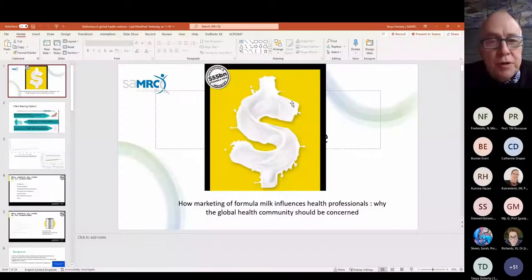So I'm now going to move on to our next speaker, which is Professor Tanya Doherty, who I've known for many years, used to work with her at the Health Systems Research Unit at the South African Medical Research Council, where she still works. She's a chief specialist scientist there. Her research focus is health system requirements for the optimal delivery of priority child health programs at community and primary care.